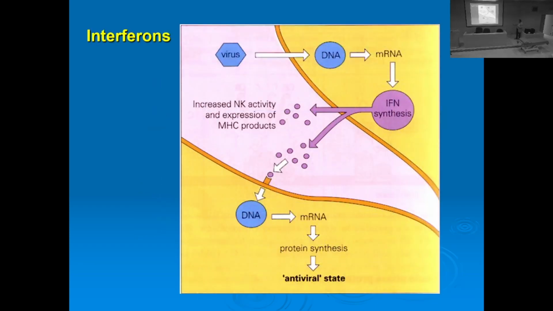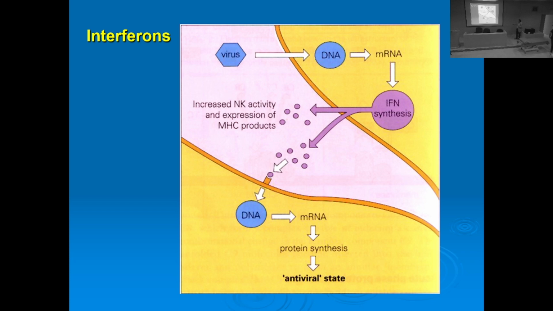You see, this is a cell which is infected by the virus. The virus enters, uses the machinery to produce its own components, and this will lead to the production by the cell of interferon. This interferon is important to increase NK activity, remember, against viruses, and the expression of MHC products. So starting the activation of the immune system.